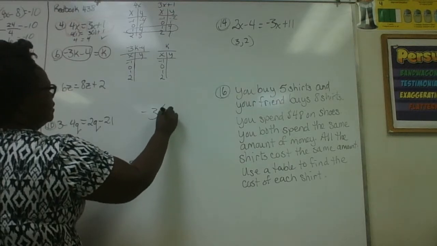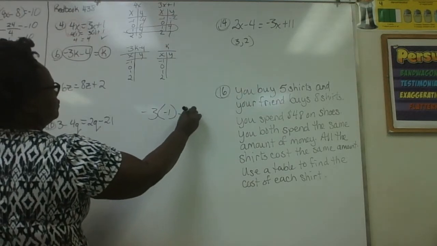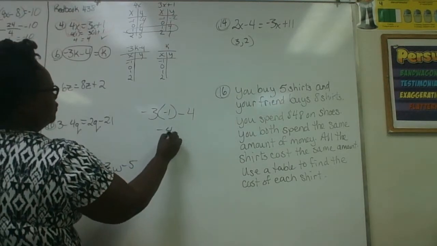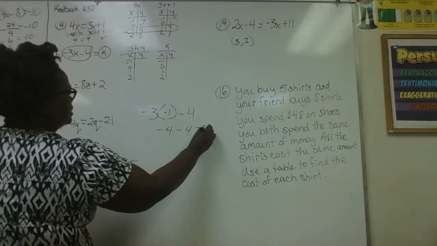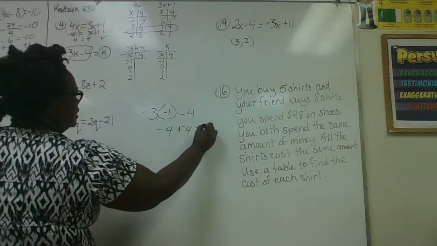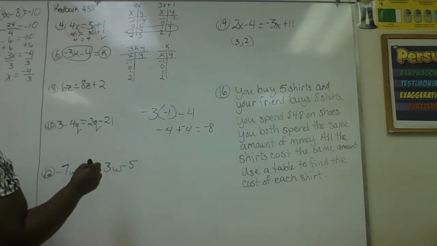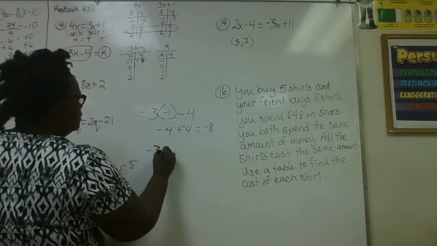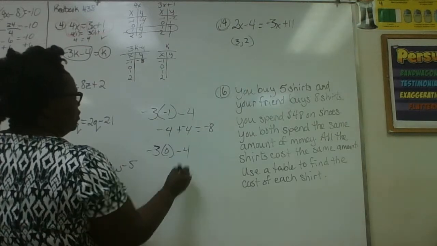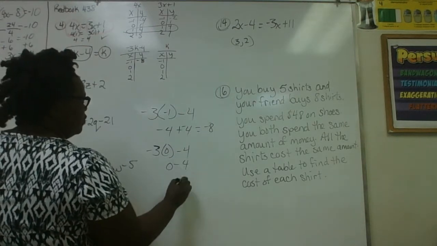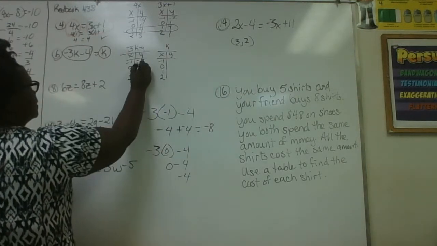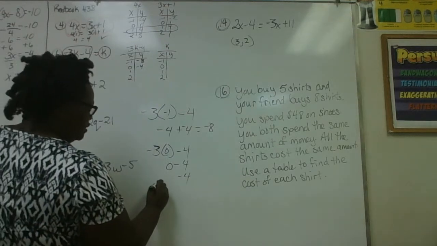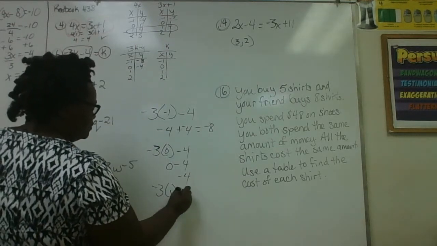Negative 3, negative 1, minus 4. This would be a negative 4 minus 4, which gives us a negative 8. Negative 3, 0, minus 4. This would give us 0 minus 4, which is negative 4. Negative 3, 1 minus 4.